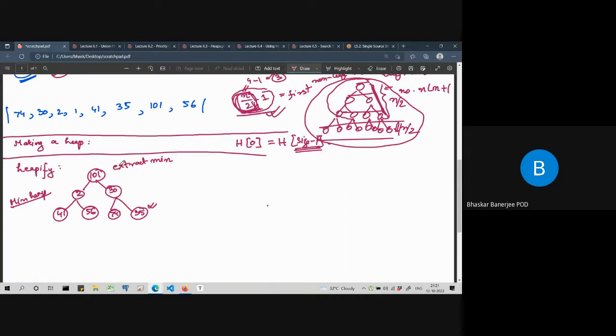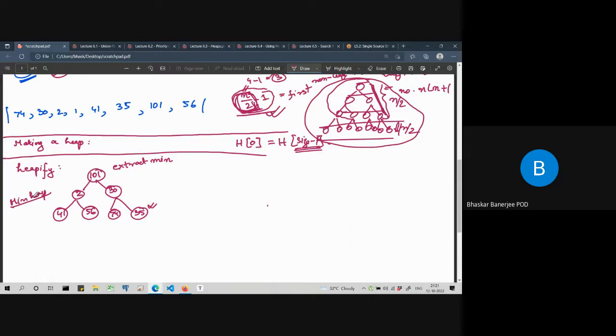Because we follow the structure that the parent nodes are smaller. Consecutive parents are getting smaller and smaller till the root, which is the minimum one. Conversely, when we go towards the bottom of the heap, at the last level, those elements are the largest elements in a min heap.